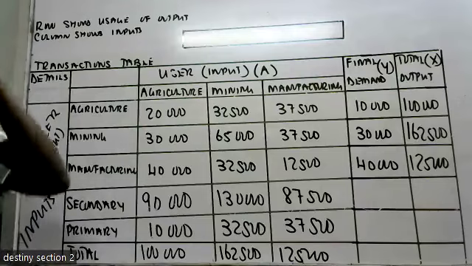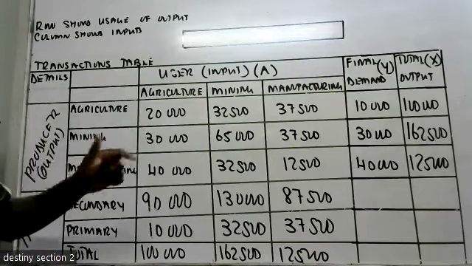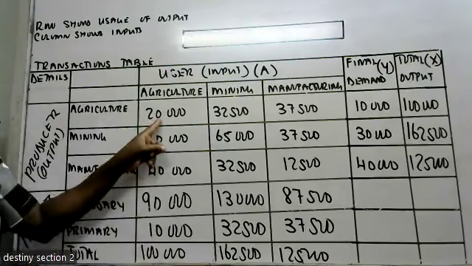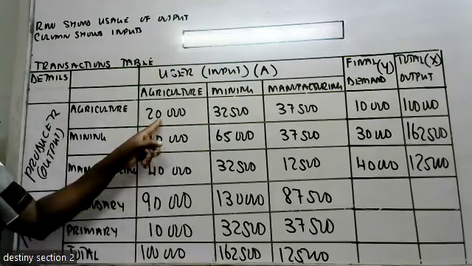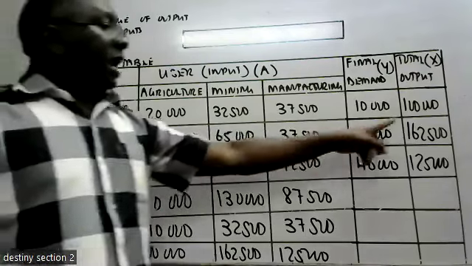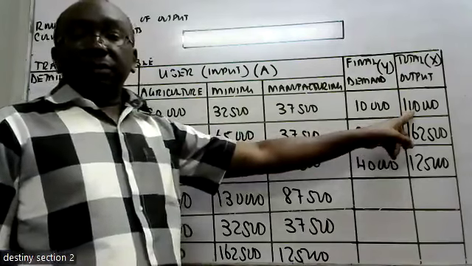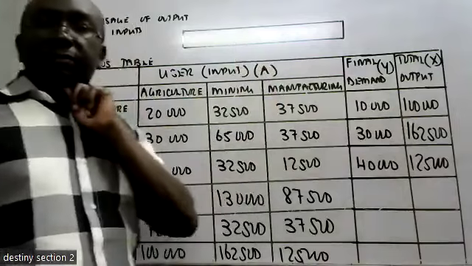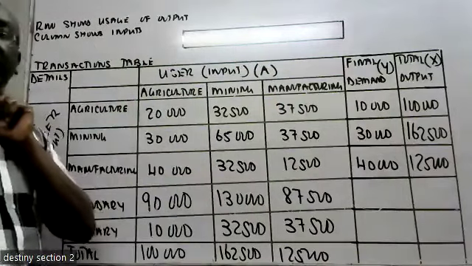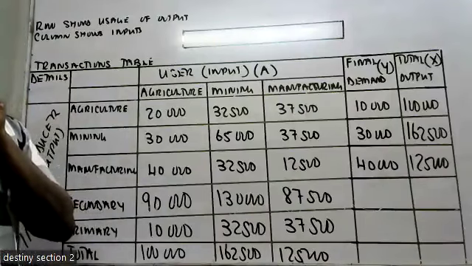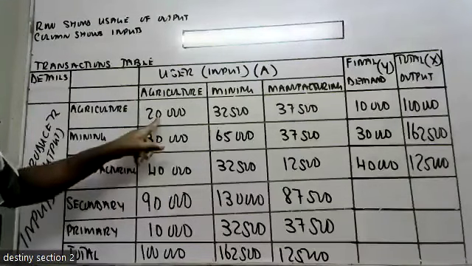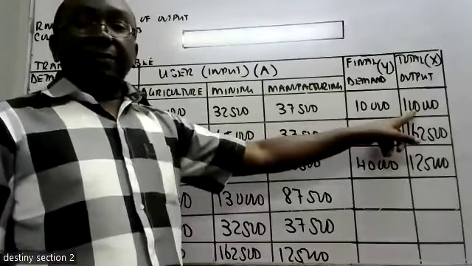So if we have understood, now look at it this way so that we can transit to the ratios. We have said this 20,000 is required by agriculture so that agriculture can make 100,000. So how many does agriculture require so that it makes 1? How can you get that? 20 is what agriculture requires so that they make 100.